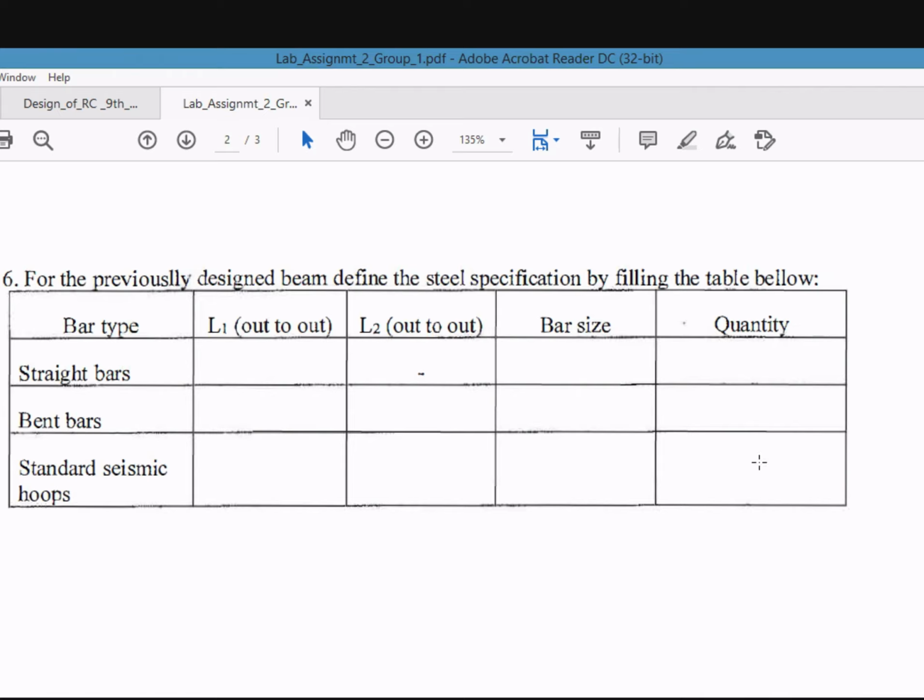And the quantity, I think we already talked about that. The spacing will be 2.5 inches on centers. There are going to be about 20 of them, because the spacing is 2.5 inches on centers. And that's it. Any other questions?